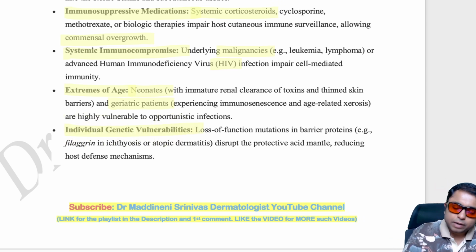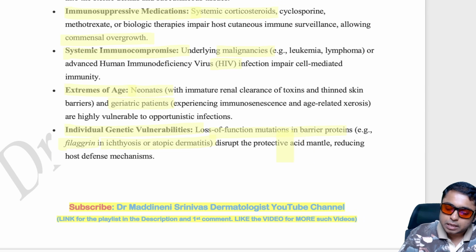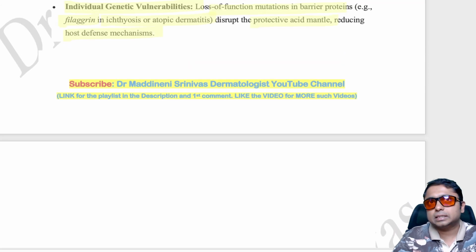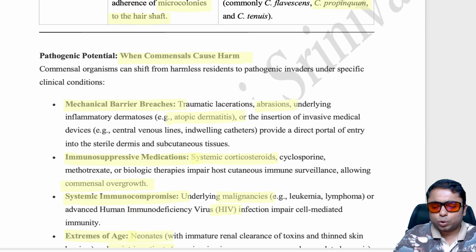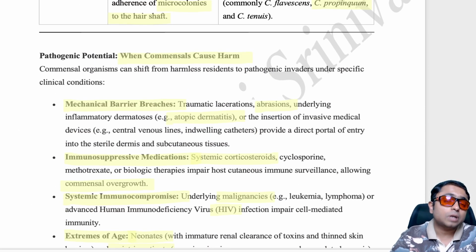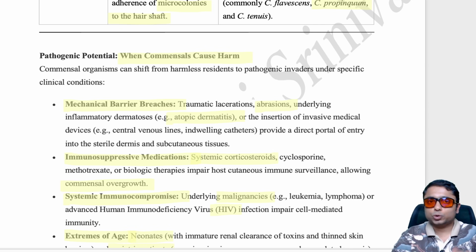And also there can be individual genetic vulnerabilities because of loss of function mutations, for example, the filaggrin in ichthyosis and dermatitis. There could be disruption in the protective acid mantle, which will ultimately reduce the host defense mechanisms. So all this could lead to the commensals producing harmful infections in the host.